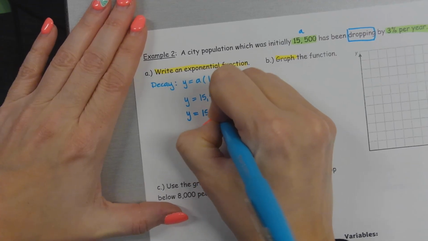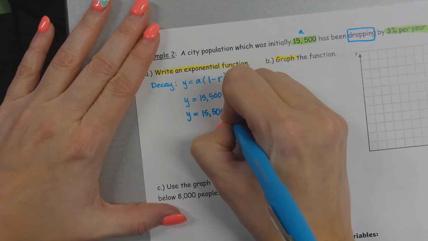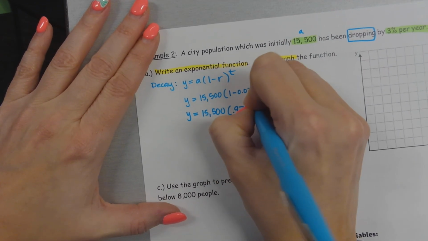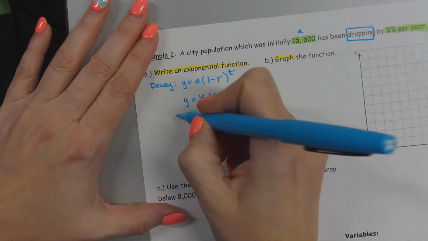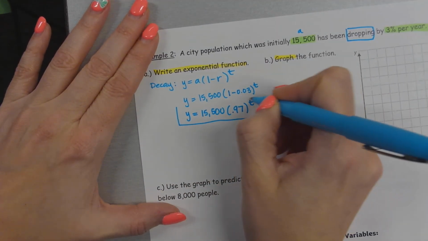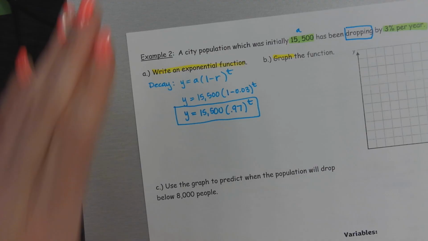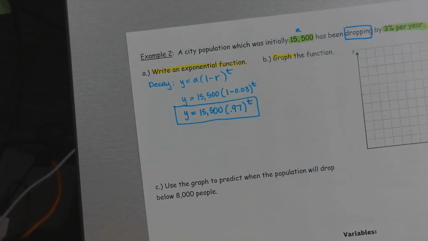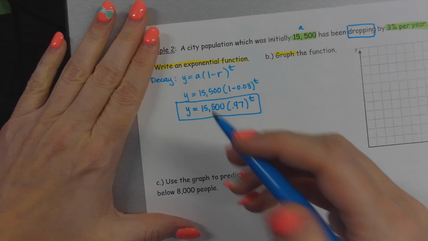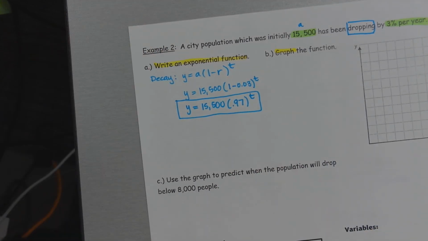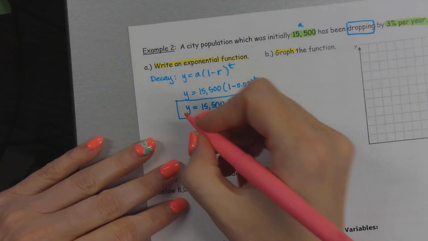Okay, so when it says write an exponential function, you should have an input variable and an output variable. The input variable is t, the output variable is y. Okay, so write an exponential function. This is your exponential function. This is your decay model.